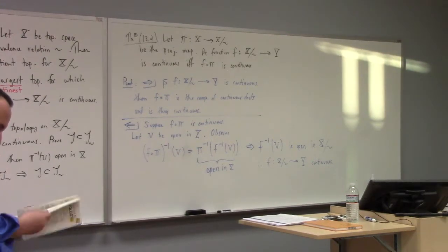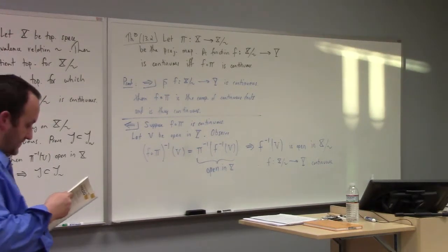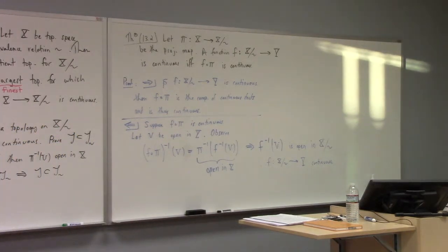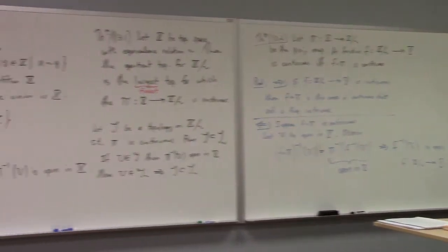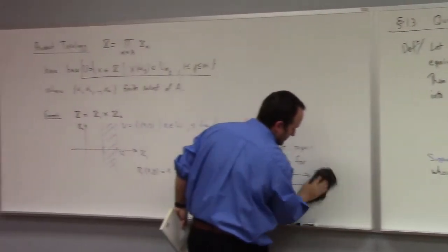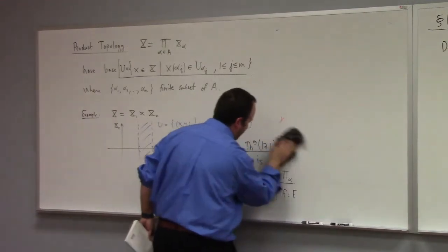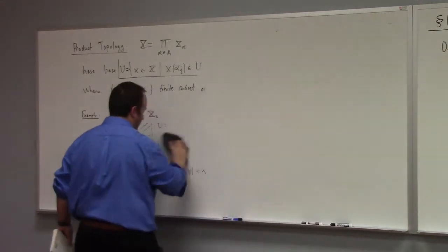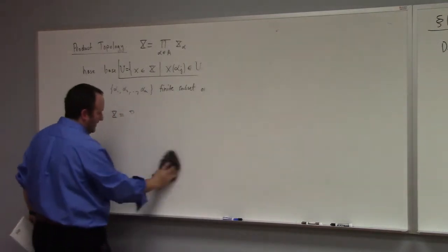Okay. Now, next up, I thought it'd be fun to put both of the section 12 theorems up on the board and the section 13 theorem, so we could actually see the parallel directly.